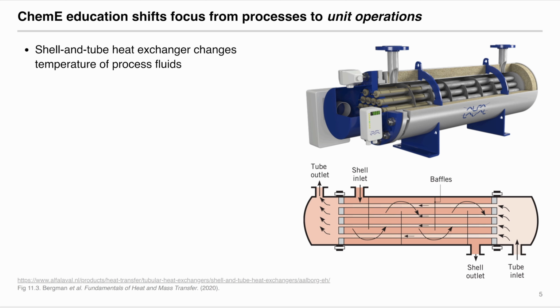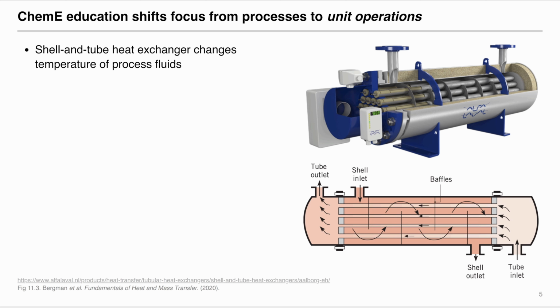Because each of these heat exchangers work very similarly, after we know the specifications of the inlet fluid temperature and the outlet desired fluid temperature, we should be able to design a heat exchanger that matches our specification. Therefore, in addition to studying and designing processes, chemical engineers also study and design unit operations.